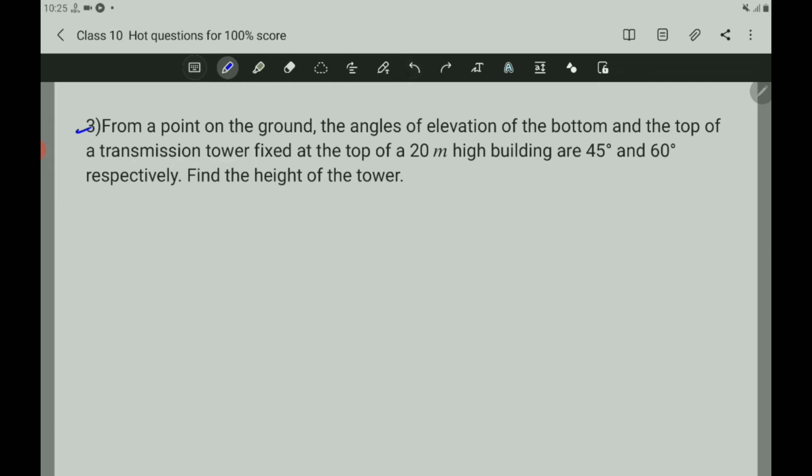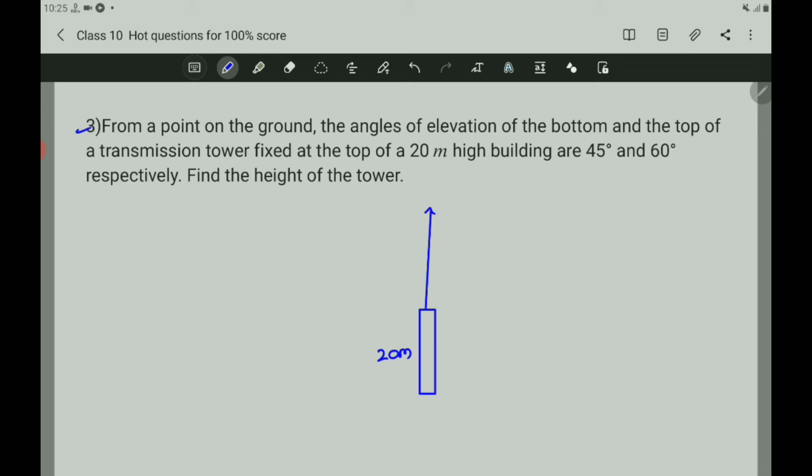Consider a 20-meter high building, and on that 20-meter high building there is a transmission tower. Consider it is a transmission tower.